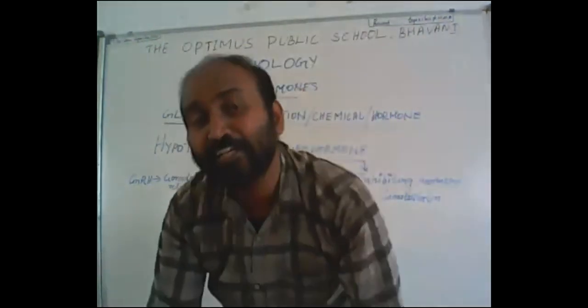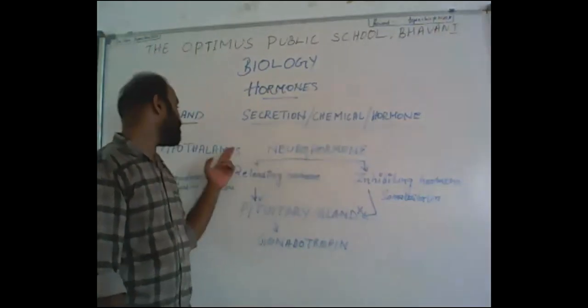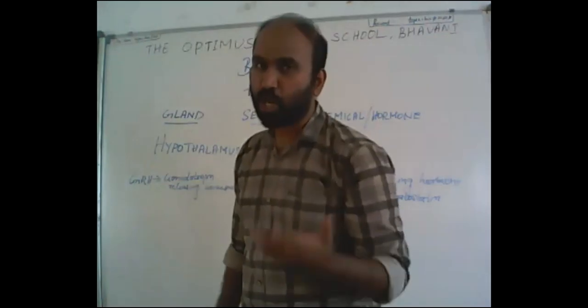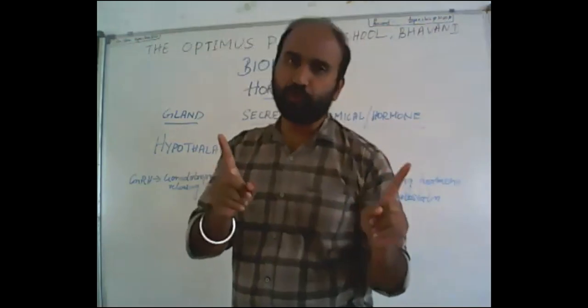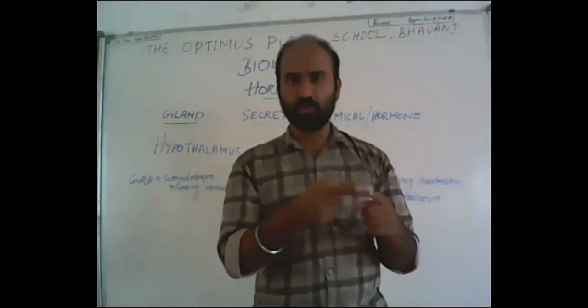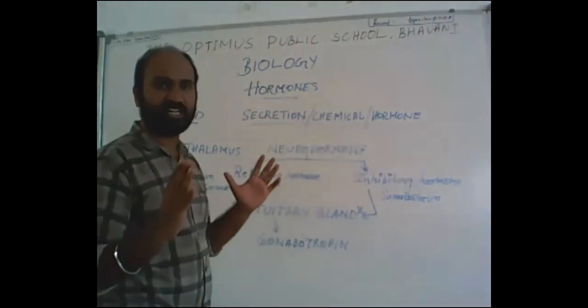Question can come: which gland secretes neurohormones? Hypothalamus. Of course, to activate and deactivate, you need two different switches. In the same way, neurohormone is a general name.